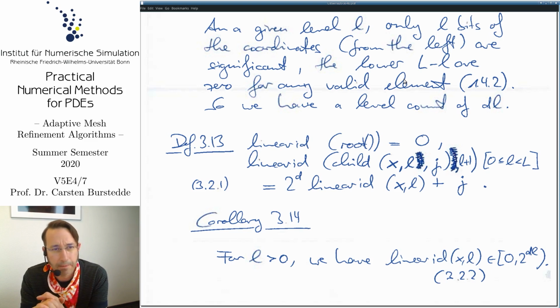So you see the formula here. It makes sense, I hope.